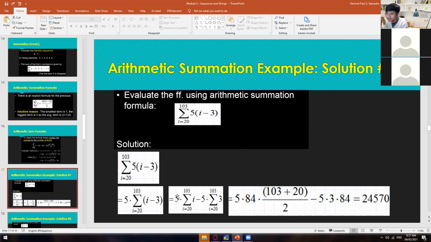After that, we now have this formula: 5 times summation I minus 5 times 3. Basically, we've just separated the I and the negative 3. It's like distributing the 5 from outside and separating the 3 at the same time.